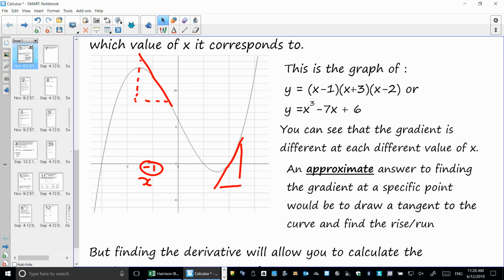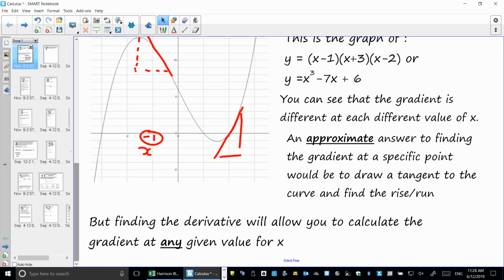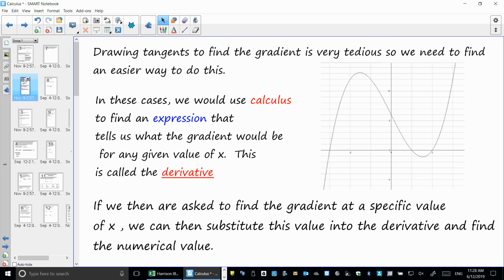So what we want to do is find an easier way of doing it. If we can find the derivative of the function, that allows us to find an exact value of that gradient at specific values of x. Drawing tangents is very tedious, so we need to find a way.